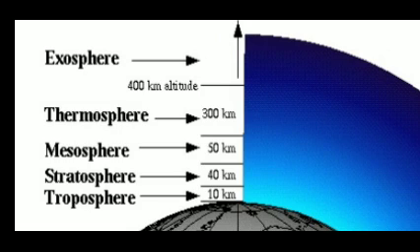Then the layer from 50 to 70 kilometers above is called the mesosphere. Then the thermosphere, then the exosphere. These layers are present above the surface of Earth.